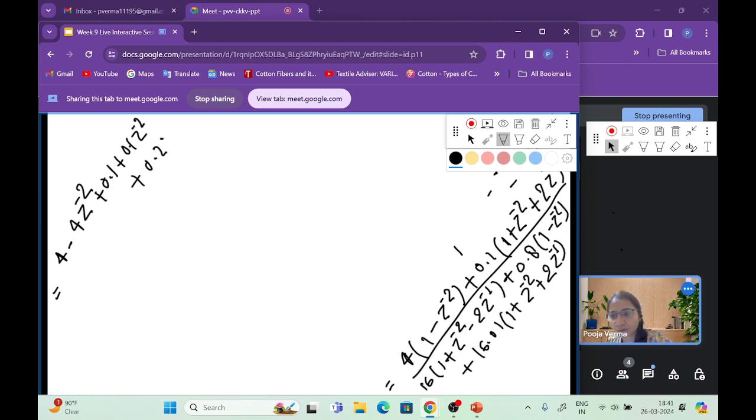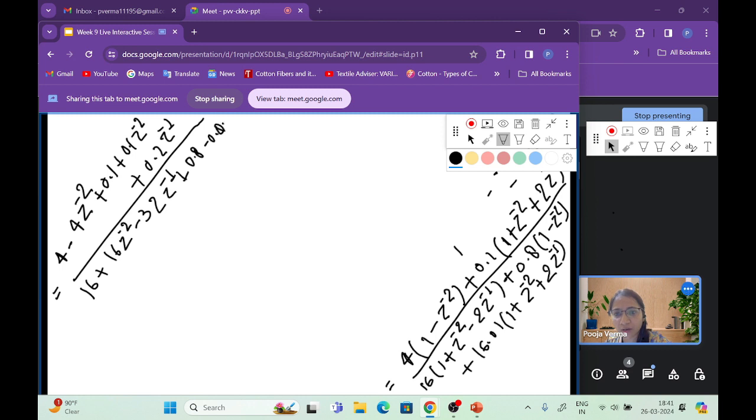Then in the denominator, what is it? 16 plus 16 z to the power minus 2 minus 32 z inverse plus 0.8 minus 0.8 z to the power minus 2, I think, yeah. This point 2.